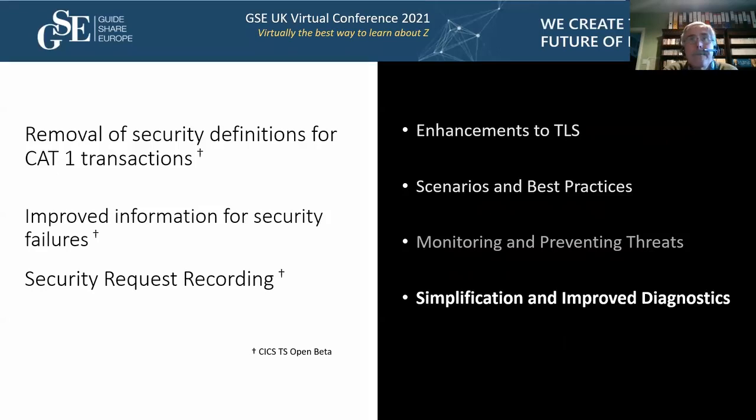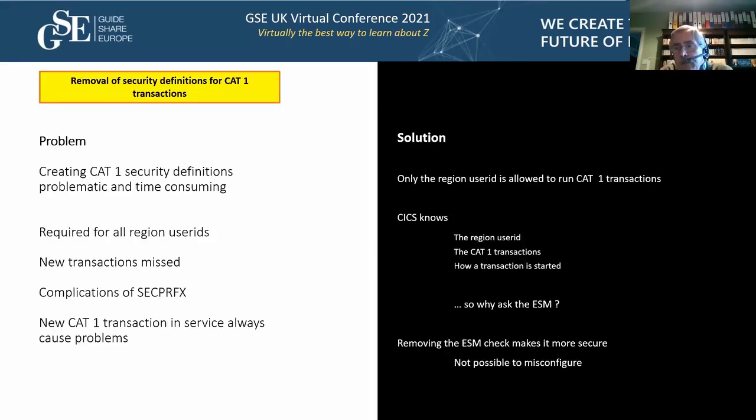Finally, I'm going to talk about some enhancements that we've made to diagnostics and simplification of configuration. The first of these: when talking to customers about what takes them a lot of time, one of the things was setting up CICS regions and their security definitions for the Cat1 transactions.